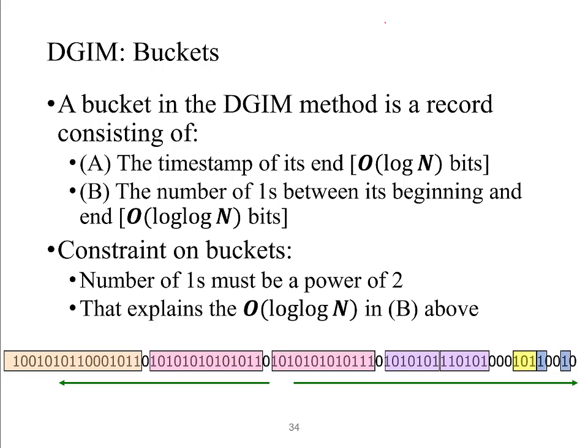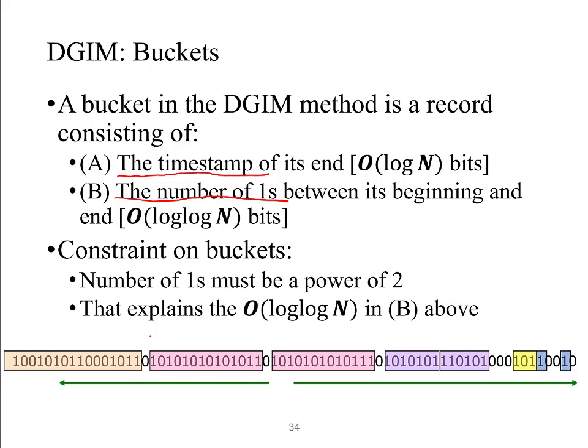Now let's look at the buckets, and also how many bits we need to represent a bucket. A bucket in the DGIM method is a record consisting of the time step and the number of ones. So a bucket is equivalent to a block, which we have mentioned before in this algorithm.